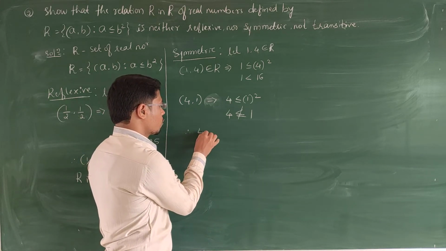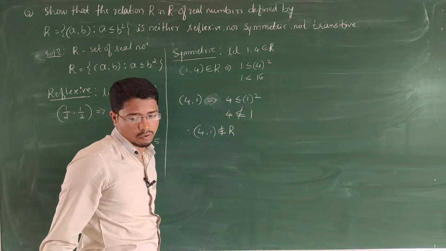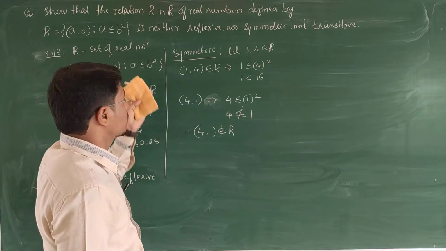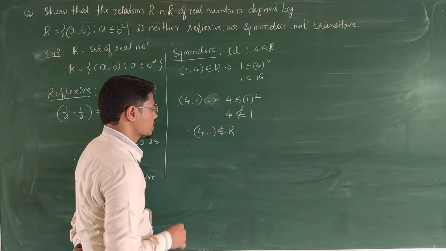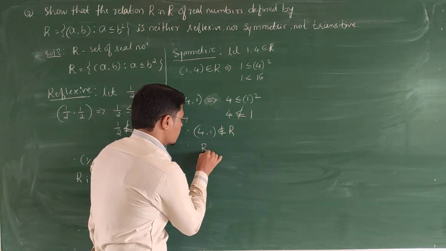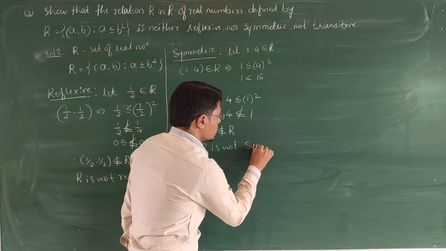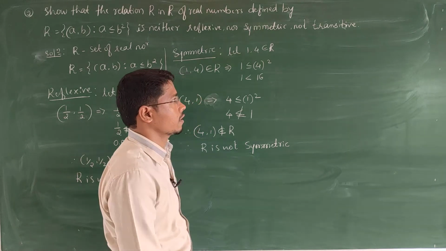Therefore (4, 1) doesn't belong to R. Therefore we can say that R is not a symmetric relation.